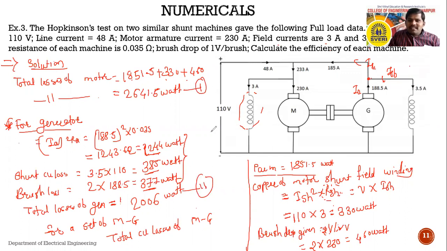These two losses are the copper losses of the individual machines, so if we take the sum of these two, it is the total copper losses of both the sets. That is the total copper loss of the MG set. 2641.5 plus 2006 is 4647.5.